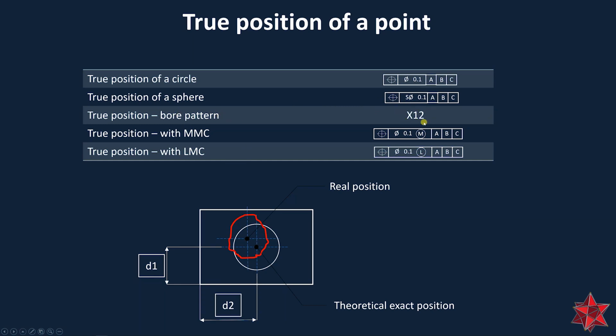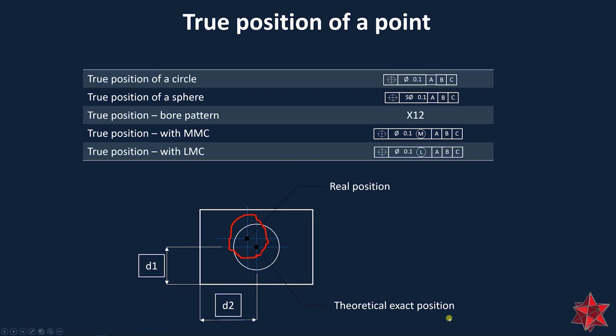All the elements, all the bores from the part, have to be the same diameter in order to respect the bore pattern. Then the true position with maximum material condition will be exactly like this, and with the least material condition we'll have this symbol. So these will be the symbols for the maximum material condition and the least material condition.